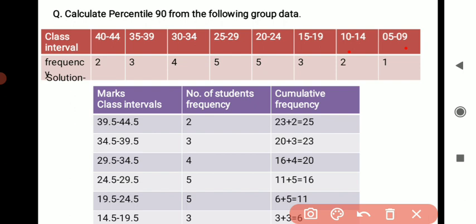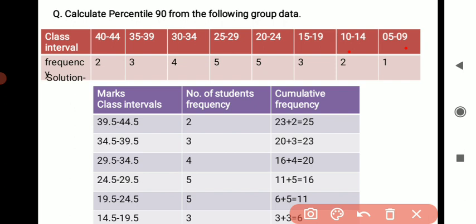So to make the class intervals continuous, you have to subtract 0.5 from the lower limit and add 0.5 to the upper limit. Observe the following class intervals to see how I make them continuous.